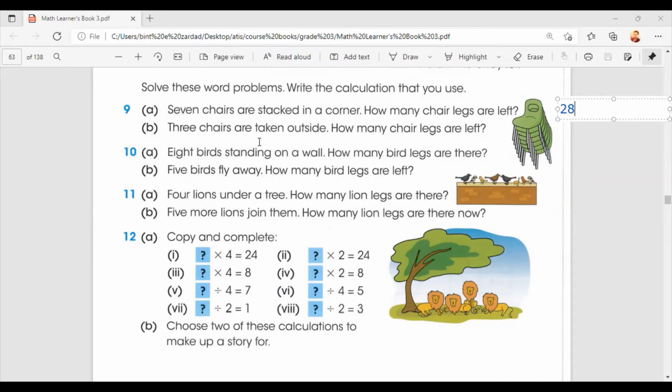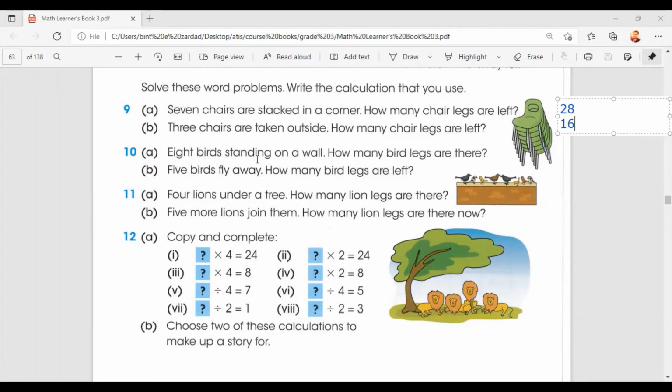From 7, 3 chairs are taken out, so remaining is 7 minus 3, 4. 4 multiplied by 4 equals 16. So 16 chair legs are left. Why? Because 3 chairs are taken outside. 7 minus 3 equals 4, and then we multiply 4 by 4 because each chair has 4 legs.